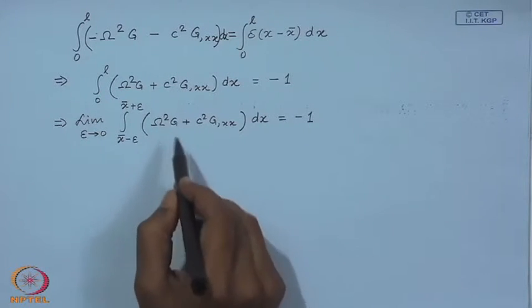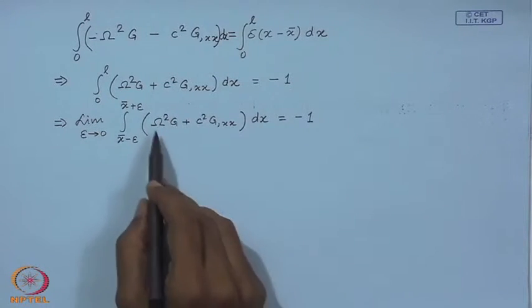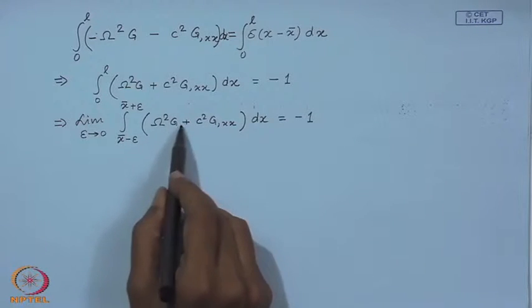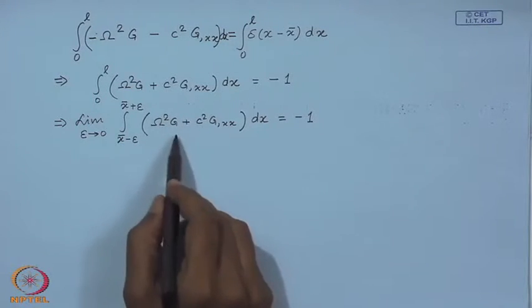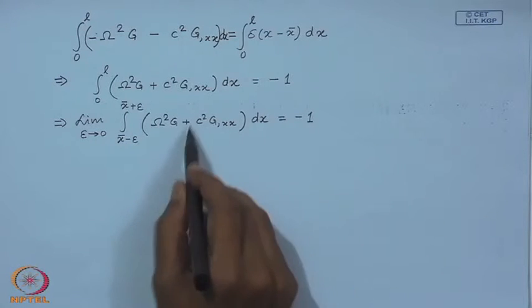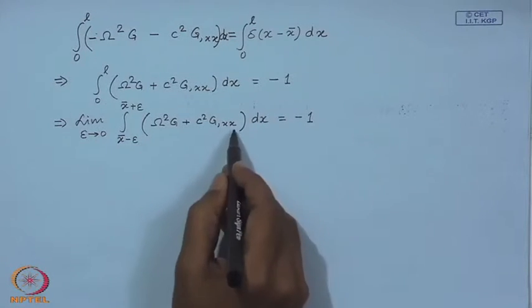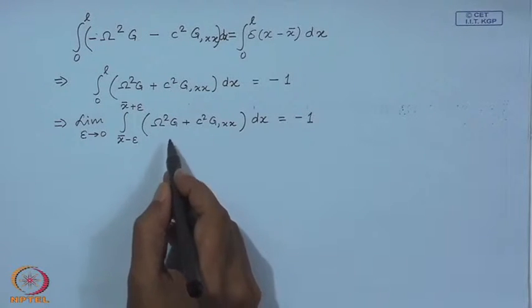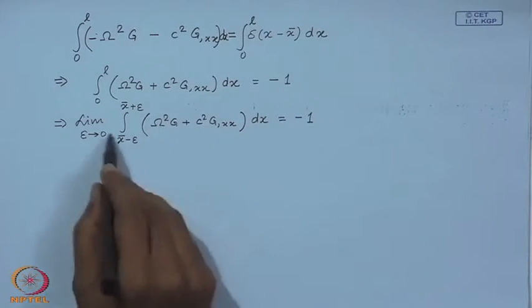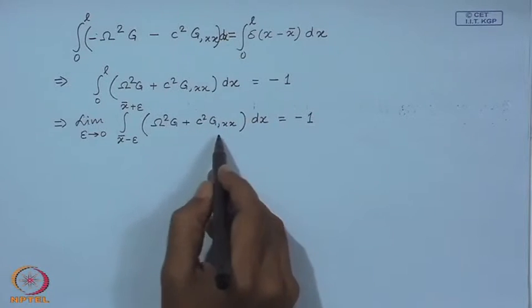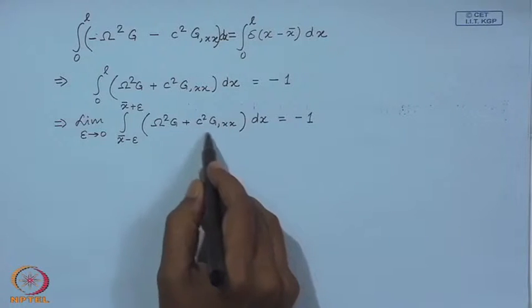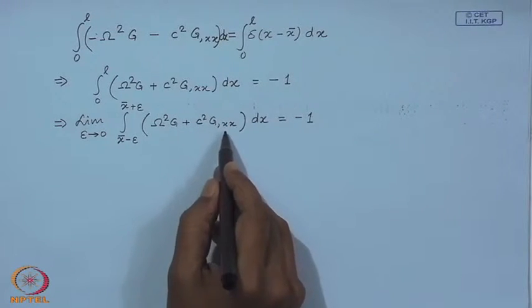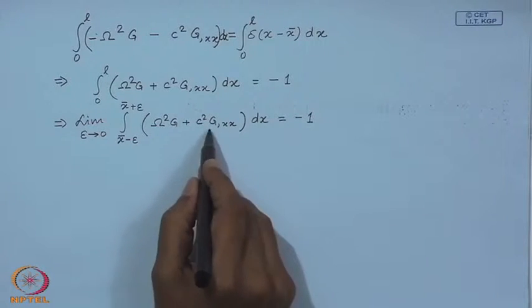Because g is continuous and does not have any sharp discontinuity, this term is not going to contribute in this integral. The first integral of the other term will represent the slope of the string, del g del x.